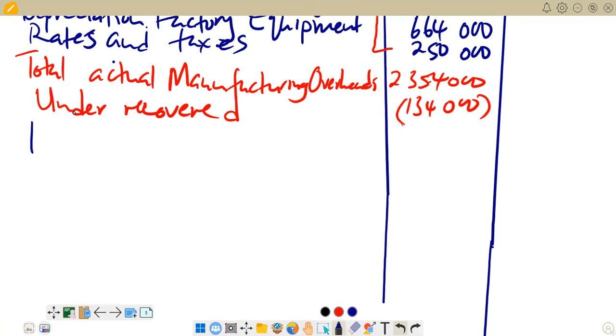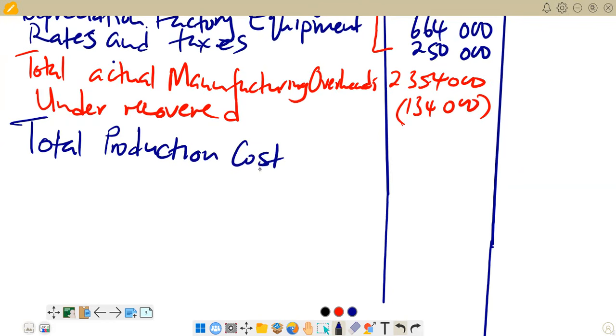So here we have our total production costs there. If you add those two figures, the total that you get here is 6,020,000.